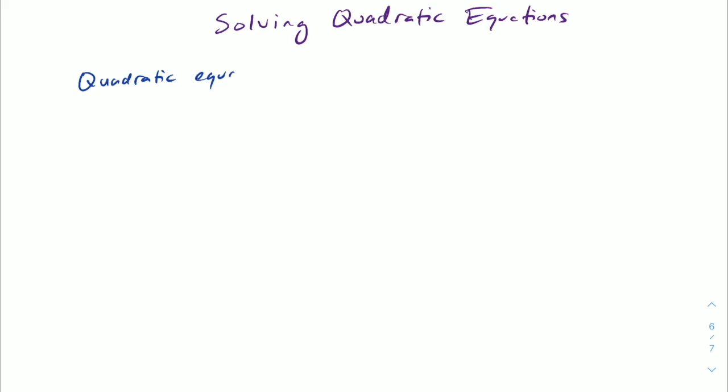Alright, so in this video we're going to talk about solving quadratic equations. Let me start by describing quadratic equations. Quadratic equations are equations with x squared terms and 0 to 2 solutions.